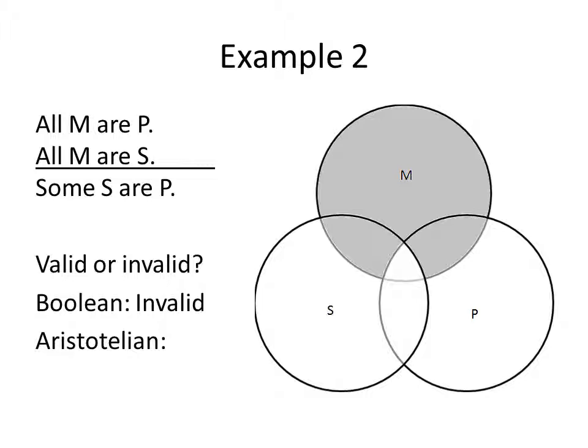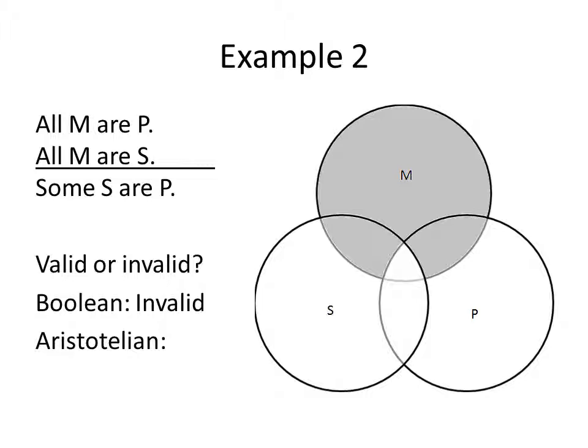So we want to figure out whether or not this argument is valid from the Boolean perspective. Well, we've already figured out it's invalid, but what about the Aristotelian perspective? It turns out that this argument is conditionally valid. It's valid depending on whether or not some further condition is met, and we can identify that condition by this diagram. Remember, we're looking for diagrams where all but one part of the circle is shaded.